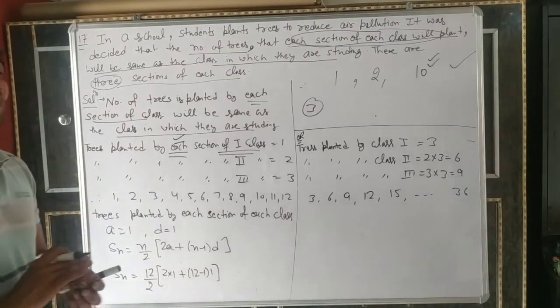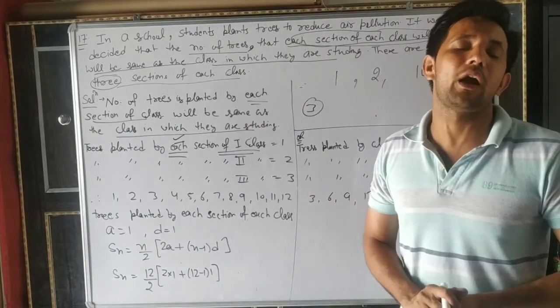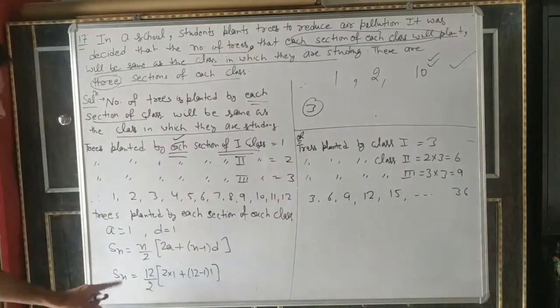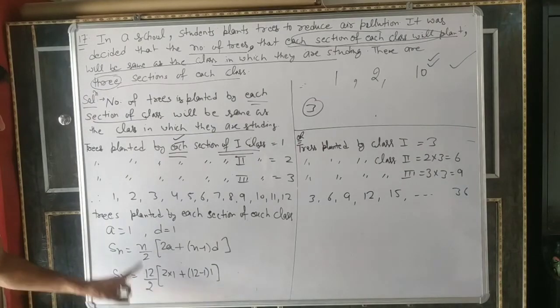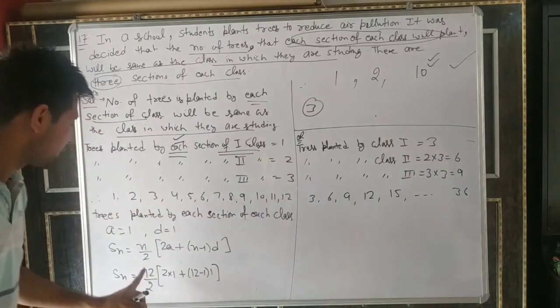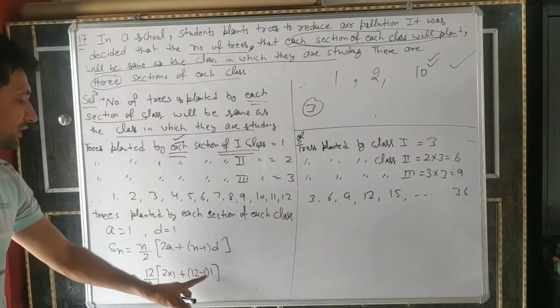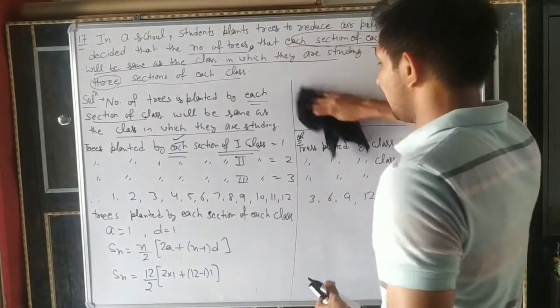So we want to find the total number of trees. How to find it? Find its sum. We will use the formula Sn equal to n upon 2. Here n is 12, so 12 upon 2, into 2 times a, where a is 1, plus n minus 1, which is 12 minus 1, into d. So what is your answer?